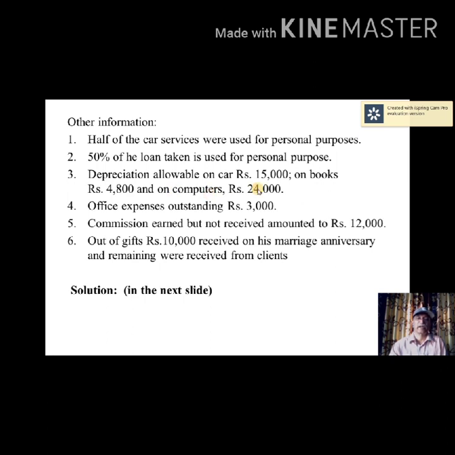Even here you must remember the date of purchase is also very important. If the asset is used for a period more than 180 days, then full normal depreciation is allowed. But if the asset is used for a period less than 180 days, for example, if the car is purchased on 1st of December, then it is used only for 4 months till 31st March of the previous year.